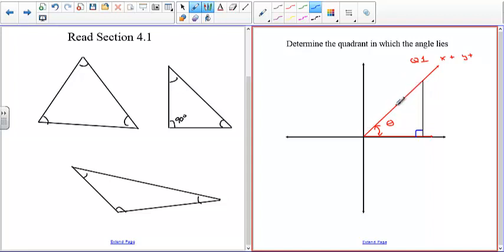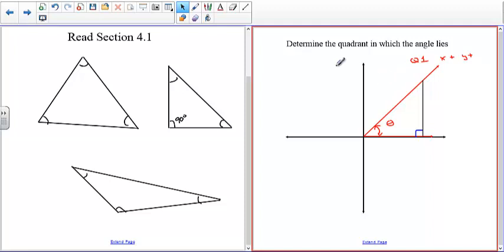In the limit, when this angle becomes larger and this one's 90 degrees, this angle has to get smaller, smaller, smaller. So that's the way you might think of it historically from a geometry perspective.